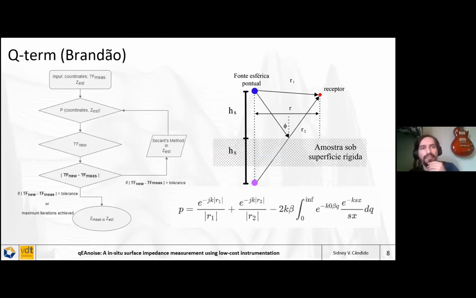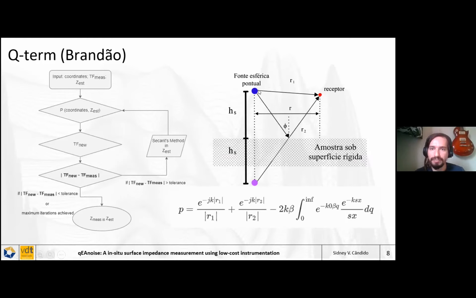The K-term method, developed by Brandão, is a more complex method and assumes the spherical propagation, the model that was developed by Dean Gilbert. This little equation here represents this geometry right here.